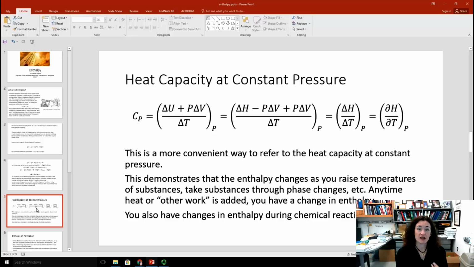You also have to add heat if you want to heat water up from, say, 20 degrees Celsius to 50 degrees Celsius. So that would result in a net change in enthalpy of the system. But you also have changes in enthalpy during chemical reactions because heat has to be added or taken away in order to make or break bonds.